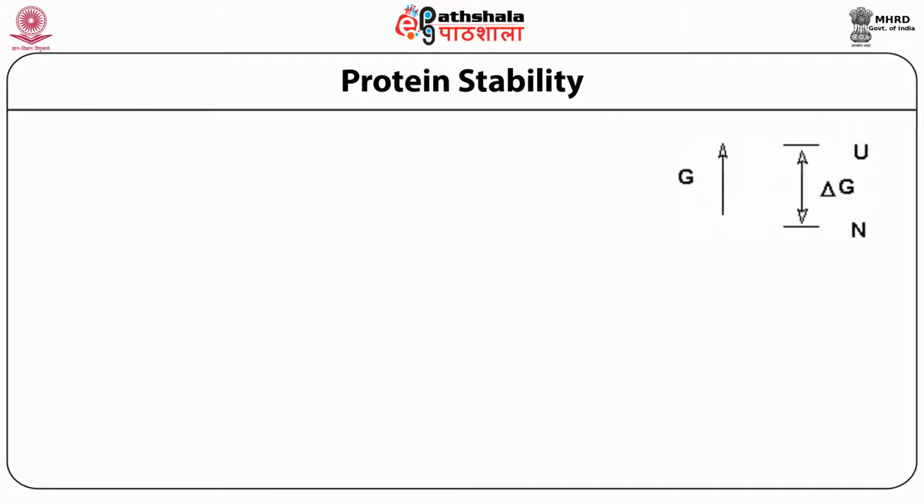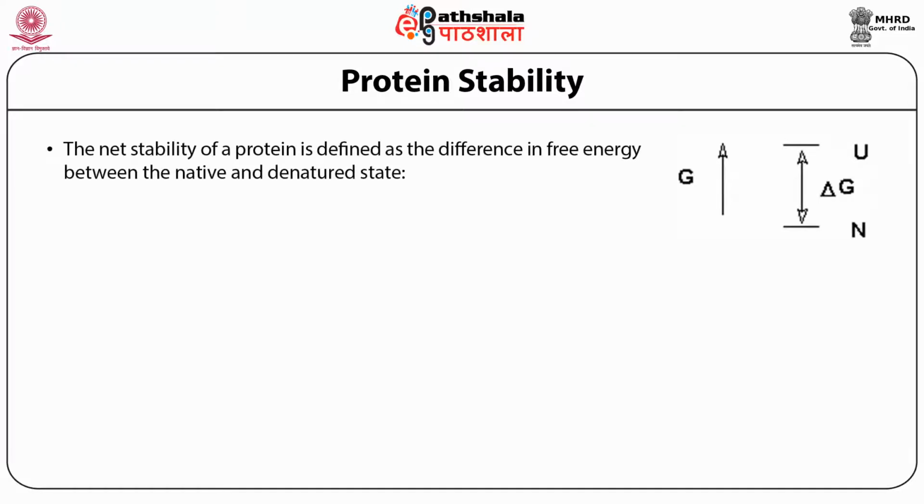Here we talk about protein stability and how it can be measured. The net stability of a protein is defined as the difference in free energy between the native and denatured state. Both the native state and the denatured state contribute to the delta G value of the protein.